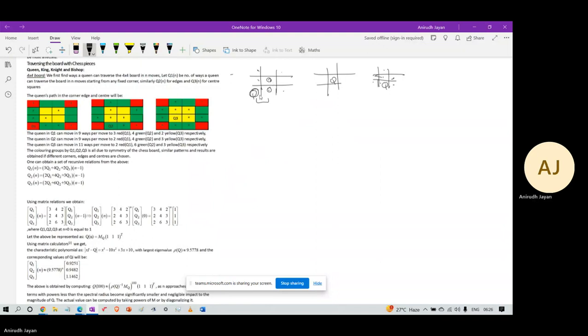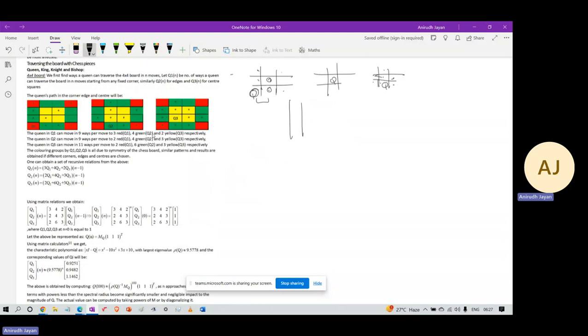distinct squares. Similarly, in a 4x4, we also have 3 distinct squares: the corners, the edges, and the center. All 4 centers are similar. They have symmetry, rotational and otherwise. So are the corners, and both the edges are symmetric about this line. So we have 3 different squares colored red, green, and blue, red, green, and yellow respectively.